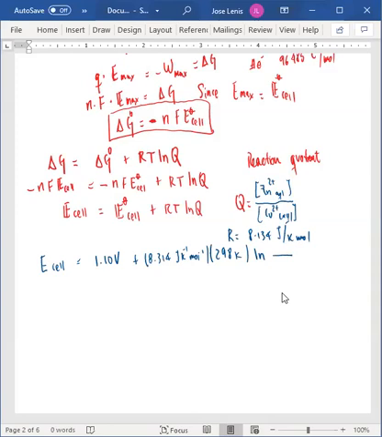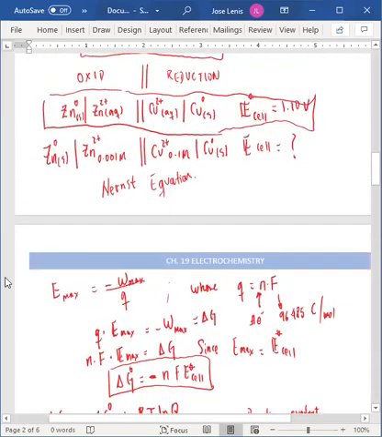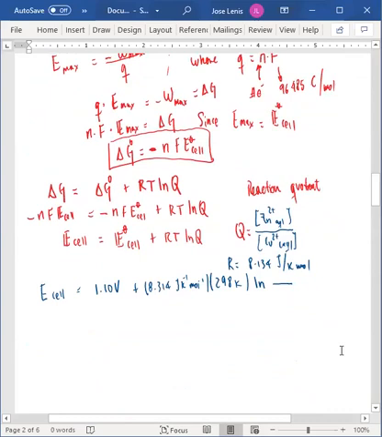We said 0.001, I believe, 0.001, and the concentration of copper 2+ was 0.1.